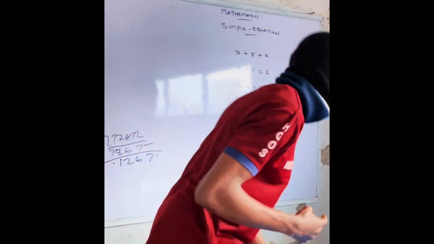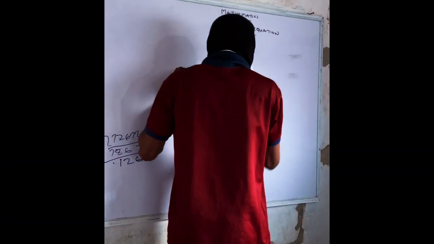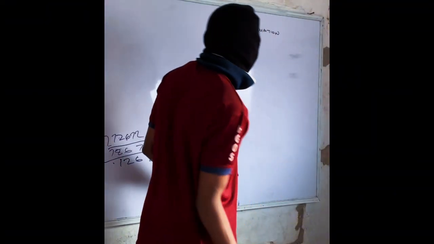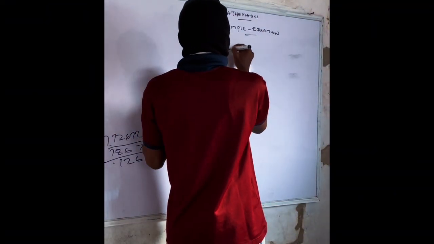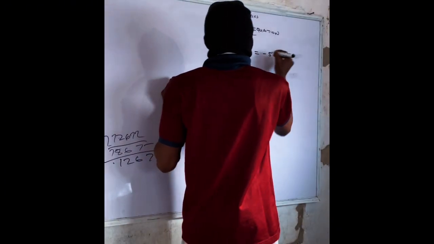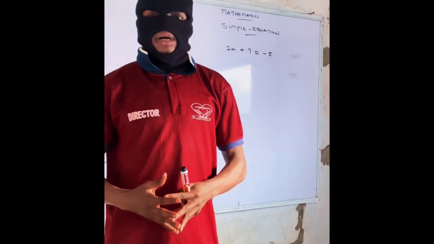Let's have more questions. If you have a question like this, 2a plus 7 equals to minus 5.